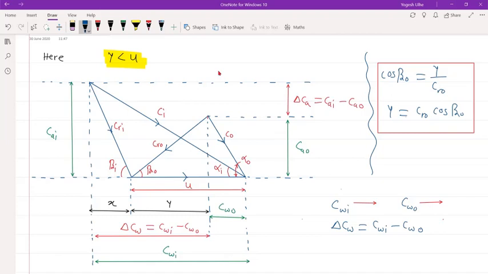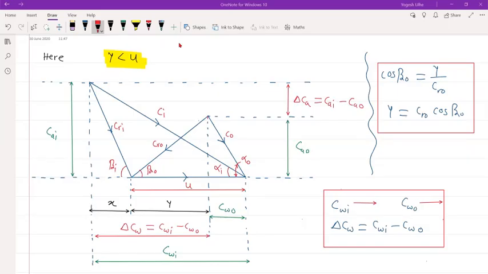Sir, the arrow, how do you come to know that arrow? How do we come to know about direction?